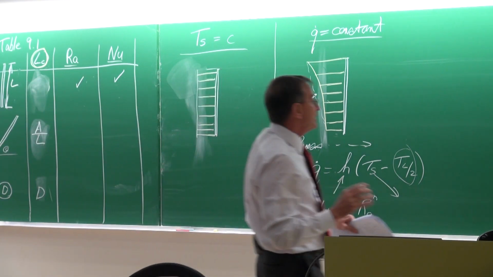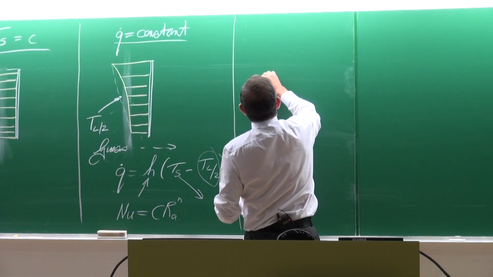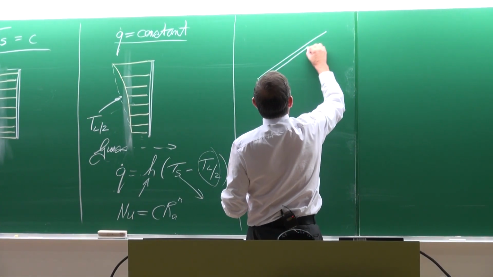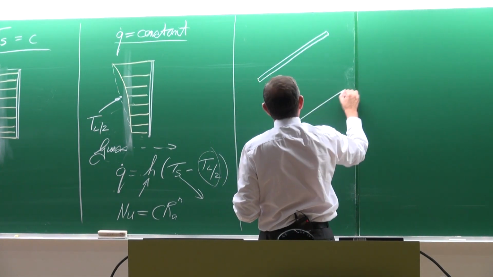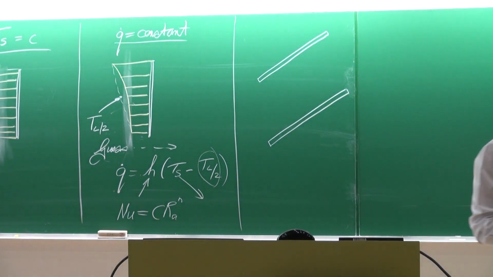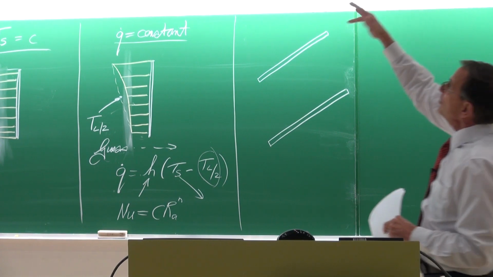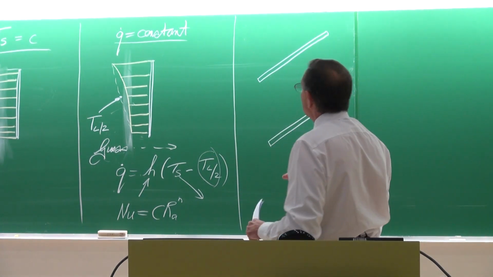Something that you have to be very careful about in terms of the table, especially with the inclined tube like that, is that they are very specific in terms of which surface is being heated. And that determines which equation you should use. What's the reason for that?